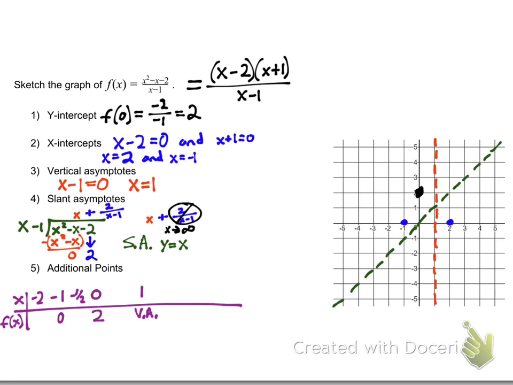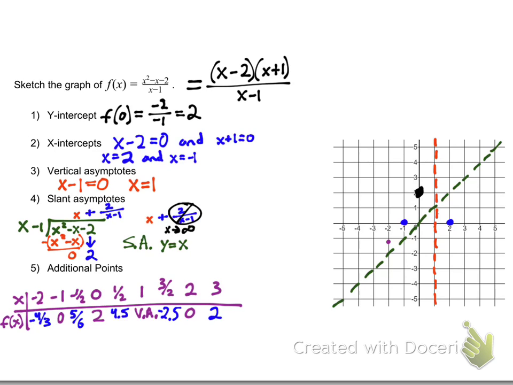Then the next important thing I need to worry about is 1, so I'm going to find a point between 0 and 1, and that's going to be 1/2. And then the last zero is 2. I need to find a point between those, and a point to the right of that. So I'm just going to calculate each of those by plugging them into f of x. The first one I get -4/3, then 5/6, then 4.5, then -2.5, and lastly, when you plug in 3, you get 2.